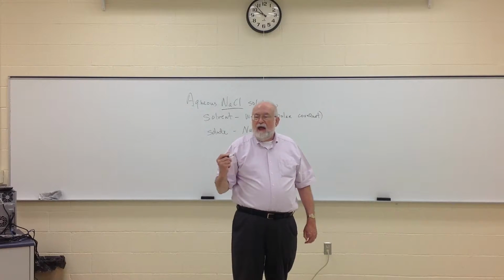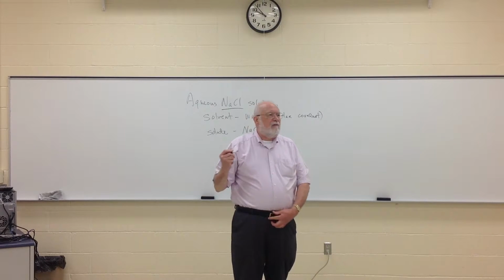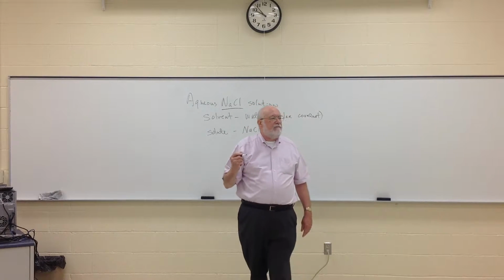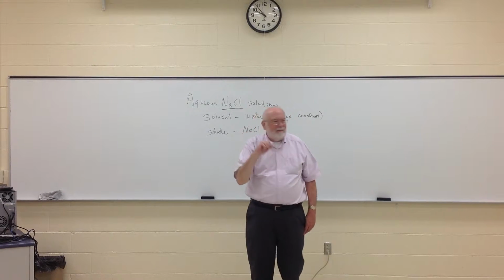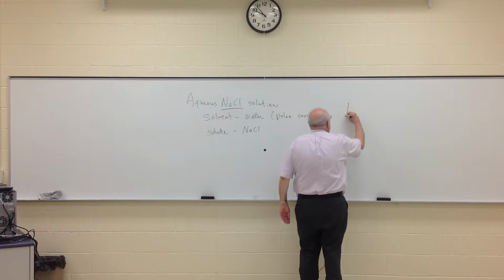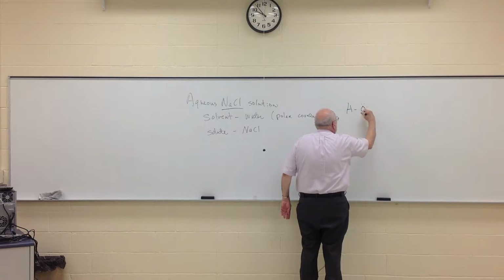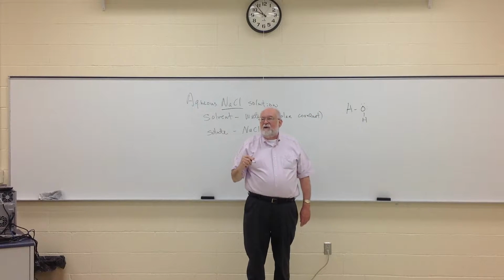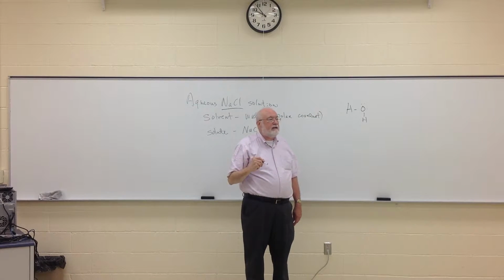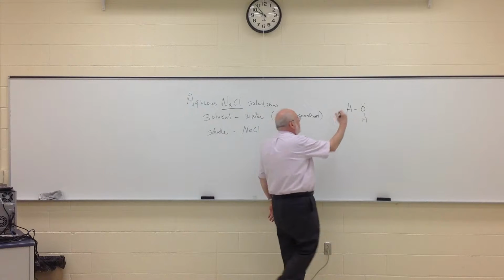You don't have that in your notes. Which end of the water molecule has the partial negative charge? No. The oxygen. Why? Remember, oxygen has the higher electronegativity, and this is a nonlinear or bent-shaped molecule.